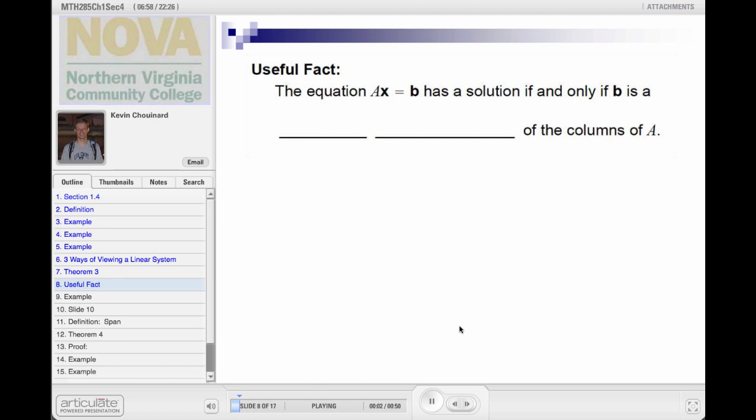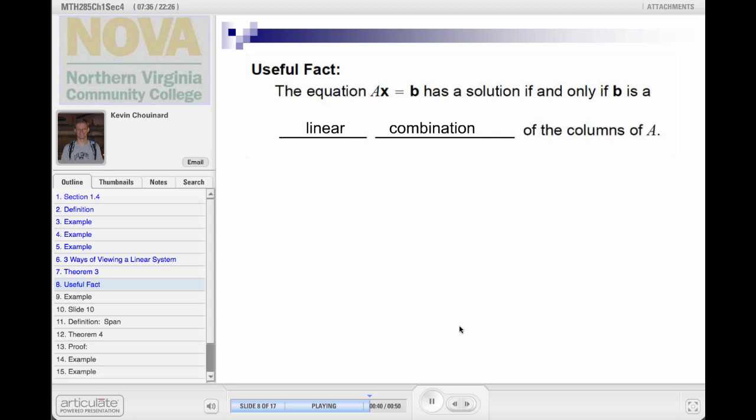Here's a useful fact. If we have the matrix equation A x equals b, that equation is going to have a solution if and only if the vector b is a linear combination of the columns of A. If it's not a linear combination of the columns of A, you're not going to have a solution, because if you look at this in terms of the vector form of this system of equations, the linear combination of the columns of A should give us the vector b.